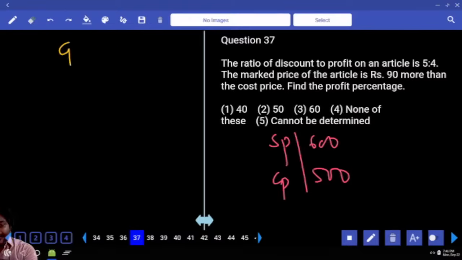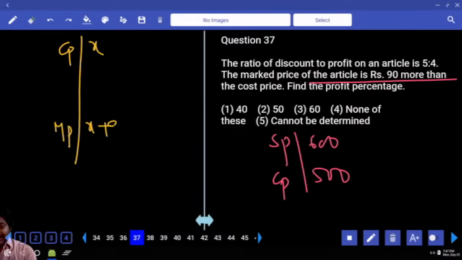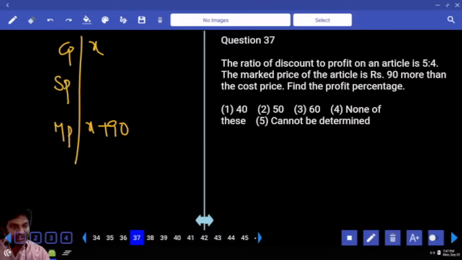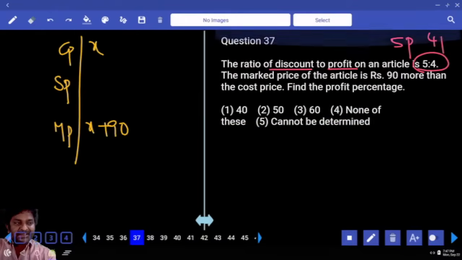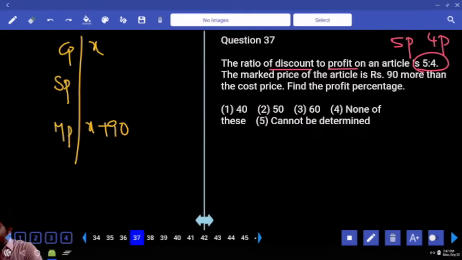Now it is said that market price of the article is 90 more than the cost price. We don't know how much is cost price, let it be X. And market price is equal to X plus 90. Now between we have selling price. Discount to profit ratio is equal to 5:4. I'll treat it as 5 parts and 4 parts.